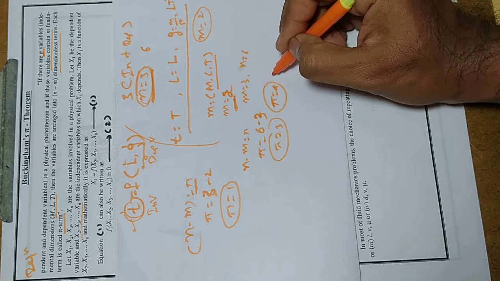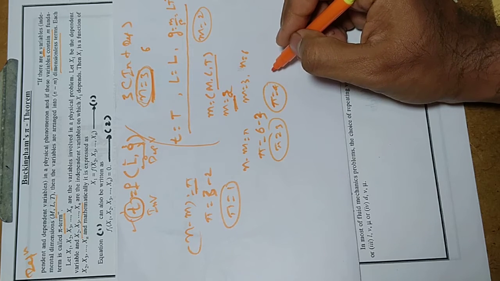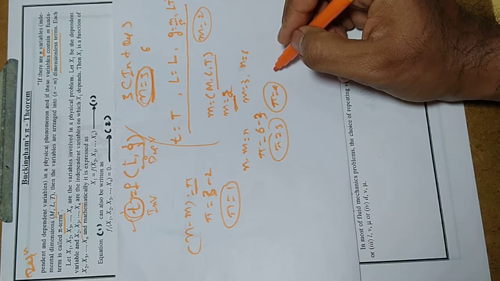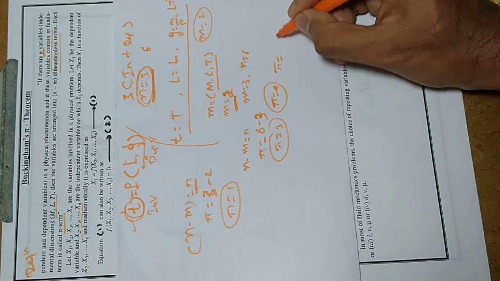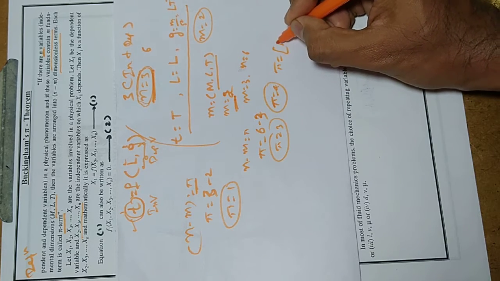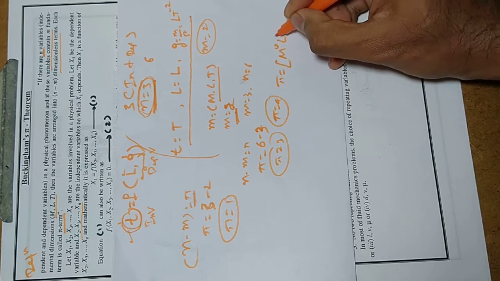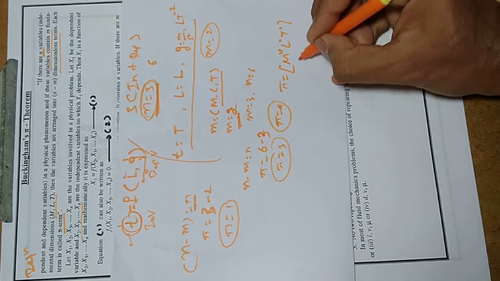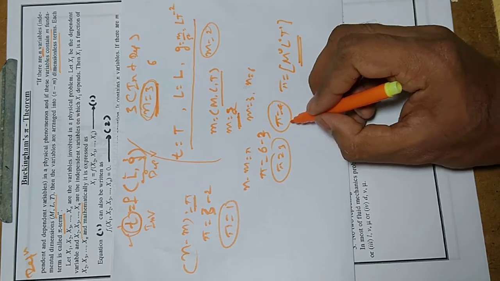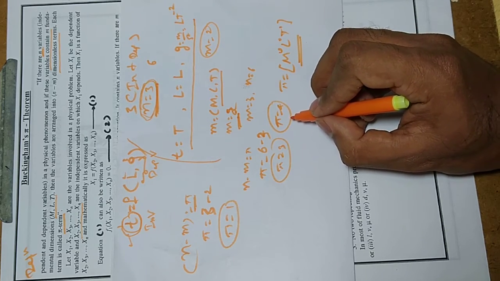These pi terms are nothing but dimensionless terms. This pi doesn't have any dimension, meaning M to the power of 0, L to the power of 0, T to the power of 0. There are no units, and that is called dimensionless.